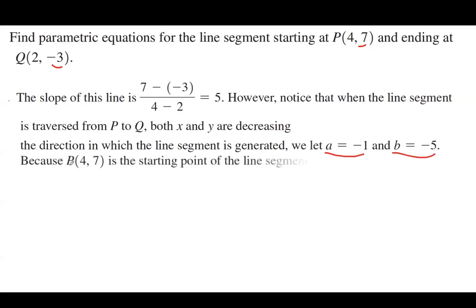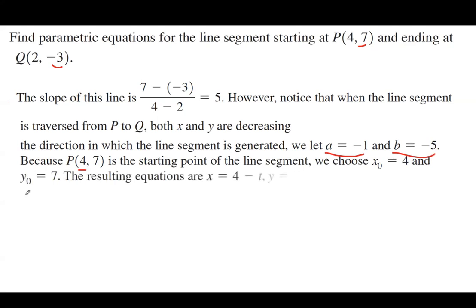Since P, the point (4, 7), is the starting point for the line segment, we can choose x sub 0 to be exactly 4 and y sub 0 to be 7. Perfect, so we have all the information that we need. x = 4 - 1 times t, or 4 - t, and y = 7 - 5t.